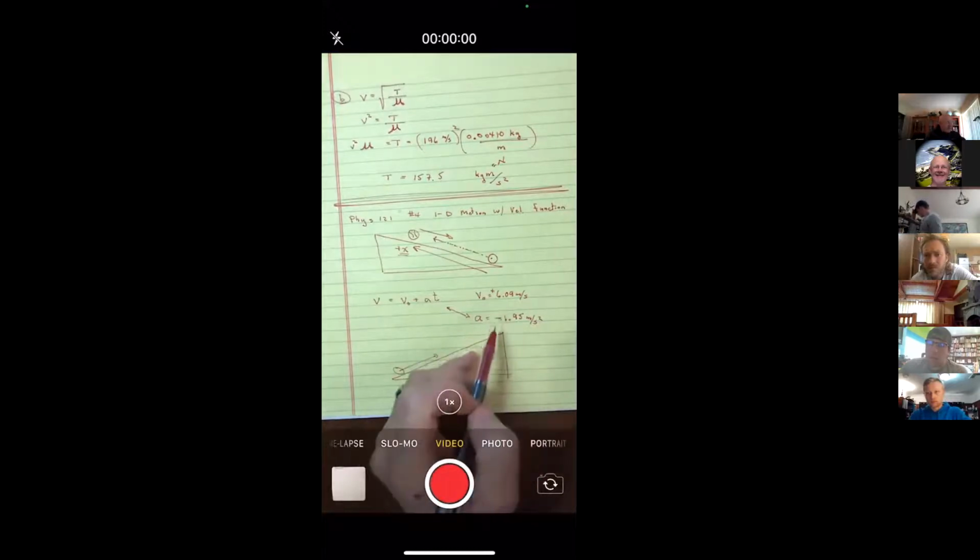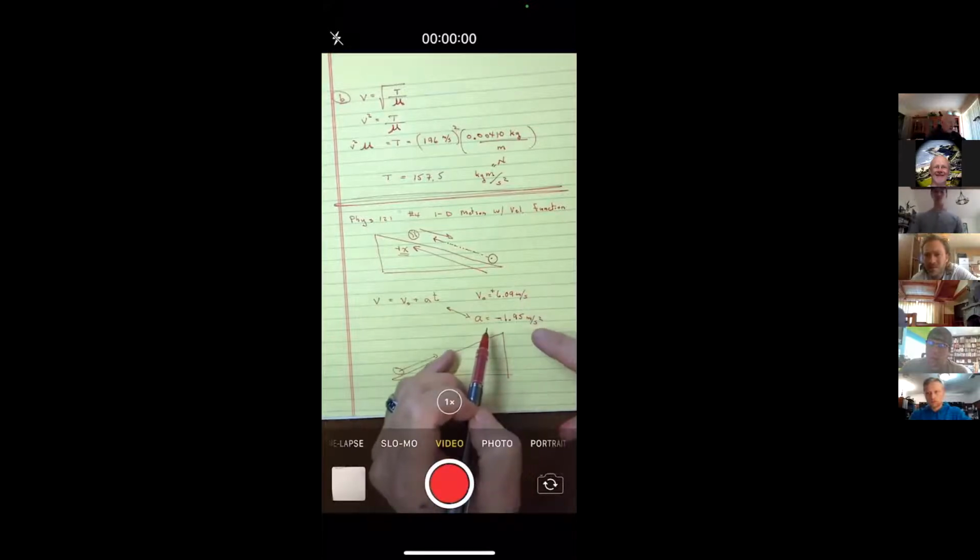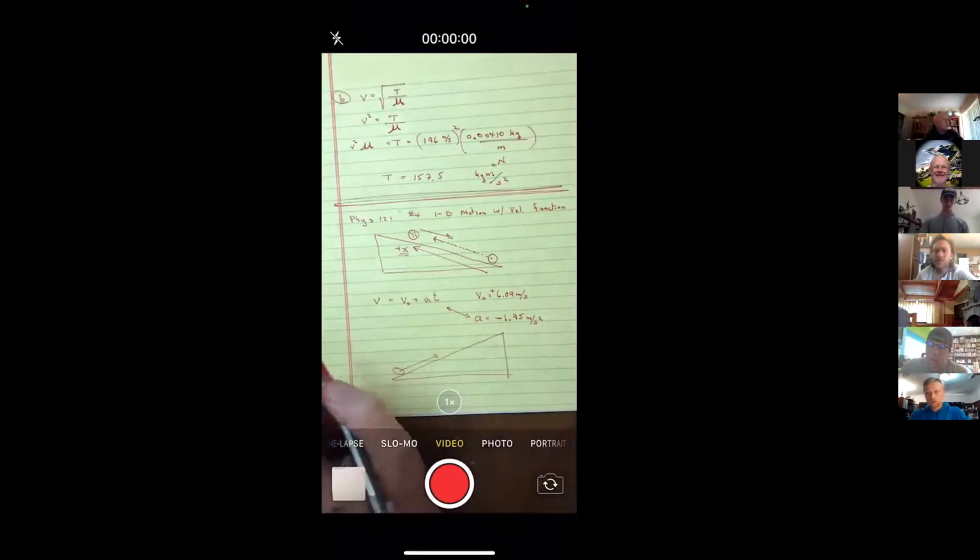That's what these positive and negatives are telling me. And of course, the other thing it's telling me is I have constant acceleration, so I can use this equation. Now, again, maybe I spent a little too much time just reading those, but that's what goes through my head first when I read these.